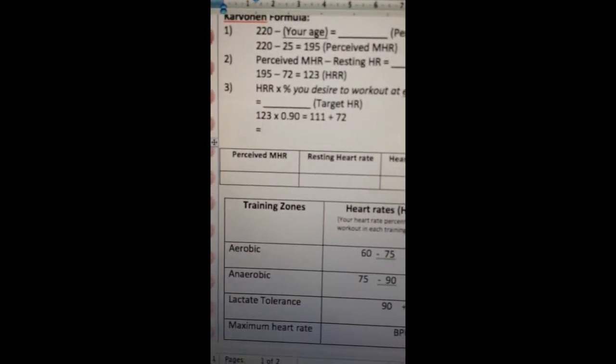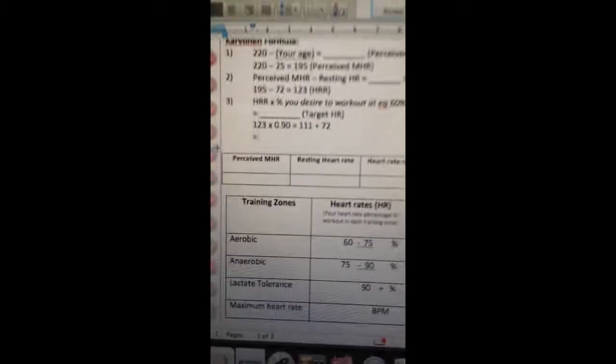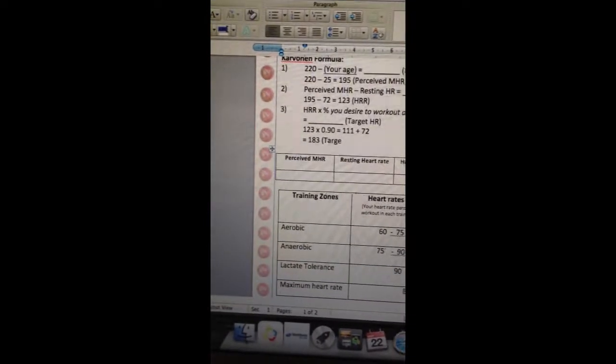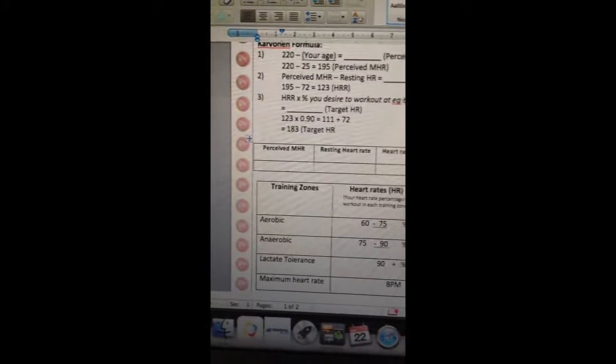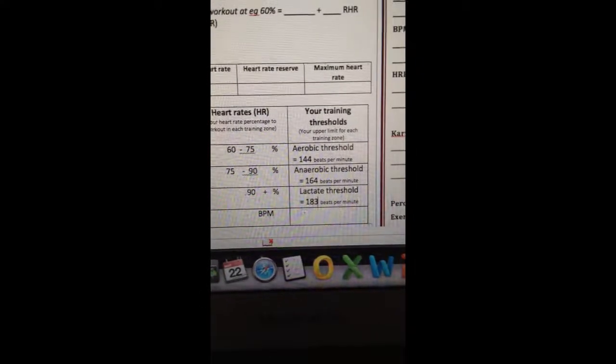Okay, so I've got 111 plus 72, which will be 183, which is my target heart rate. What I need to do now is go down here and change that to 183, and then I am done.